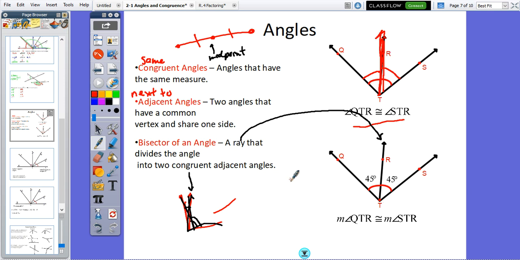So our original angle QTS was bisected, so they abbreviate as BIS, bisected by ray TR, so TR with the ray symbol above. This angle was bisected by this ray right here, forming two smaller congruent angles. So that's what bisector means, split in half. This is what cuts it in half.